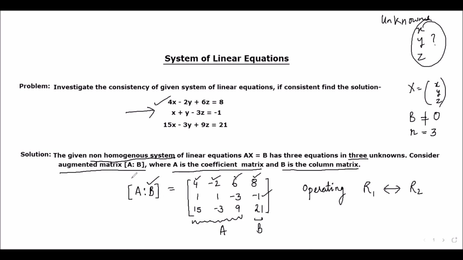Now, for reading the ranks of the augmented matrix and the coefficient matrix, we will reduce the augmented matrix to row echelon form with the help of elementary row transformations.